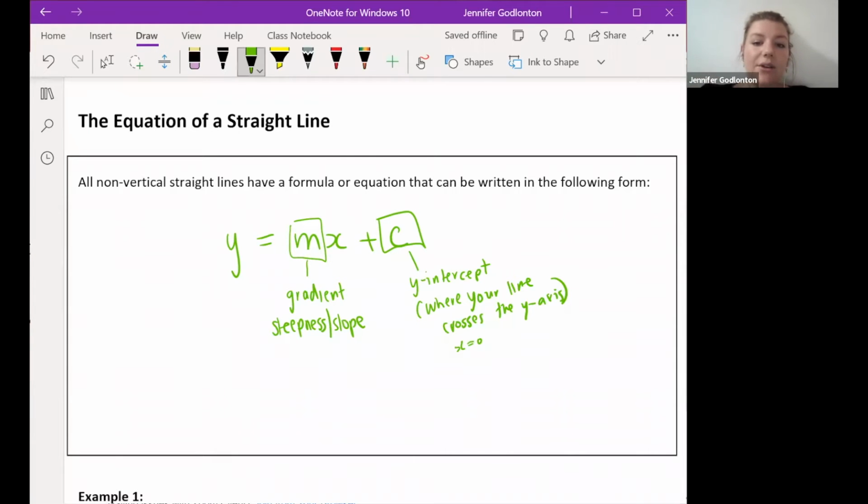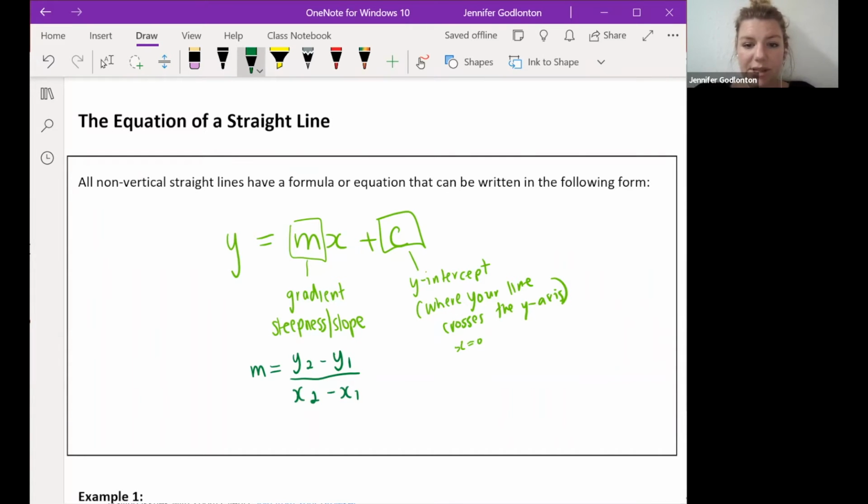Now the new thing that we are going to be bringing in this lesson, which some of you will have already done at school, is how we find the gradient. When we're looking for the gradient, we use a formula, and that formula is y2 minus y1 over x2 minus x1. That is what we use to find our gradient.